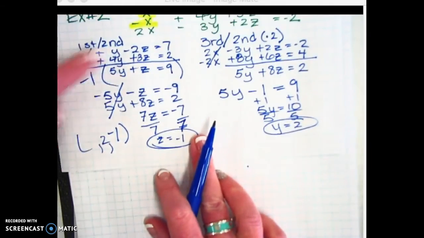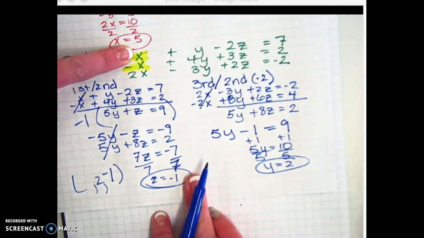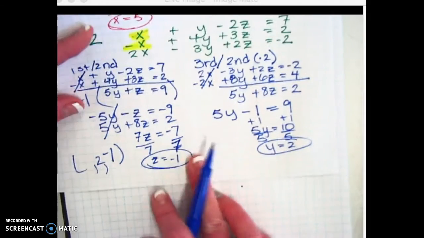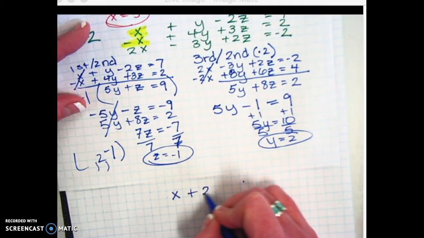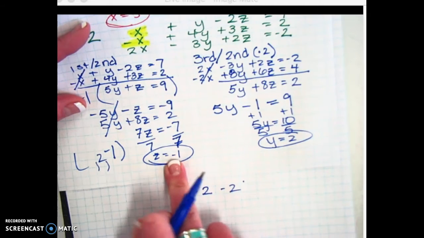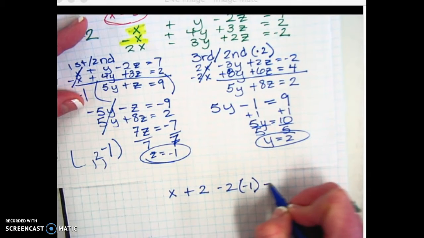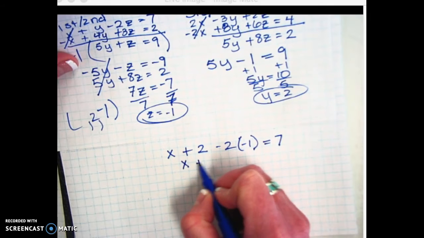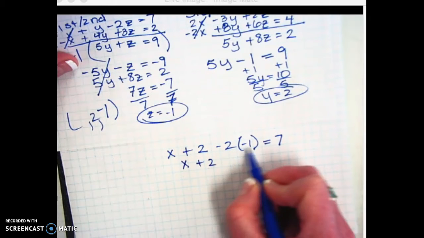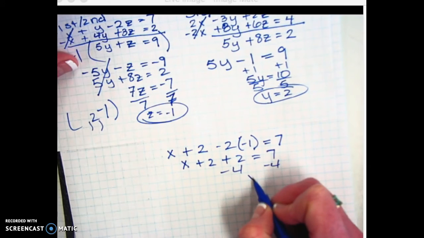So I'm going to pick any of these three original equations. The first one looks easiest, right? So I'm going to say x plus the value of y, which was 2, minus 2 times the value of z, which was negative 1, equals 7. And then just simplify. So x plus 2, negative 2 times negative 1 is positive 2. This is 4, so I'm going to subtract 4 from both sides. So x is 3.